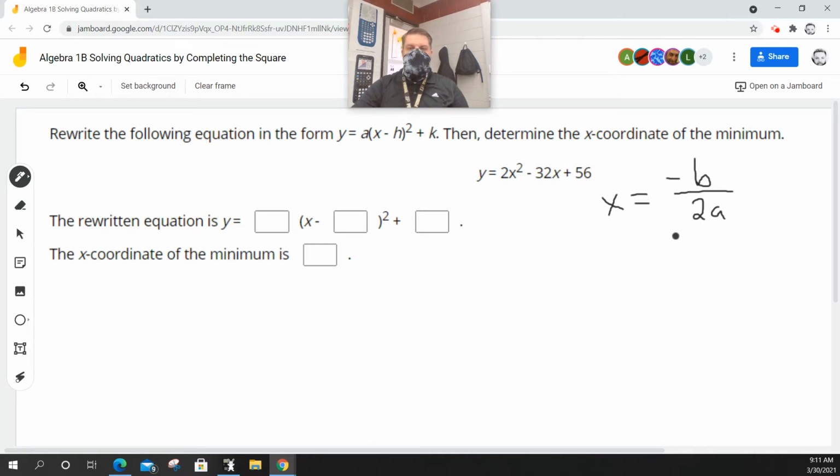So in this particular case, before I do it though, do you notice that everything is divisible by 2? Because they're all even numbers, right? So I'm going to set this thing equal to 0, and I'm going to divide everything by 2. So in other words, I get 0 is equal to x squared minus 16x plus 28.